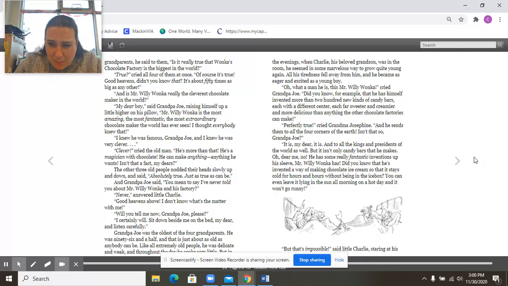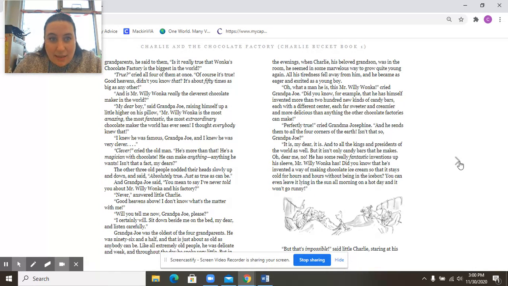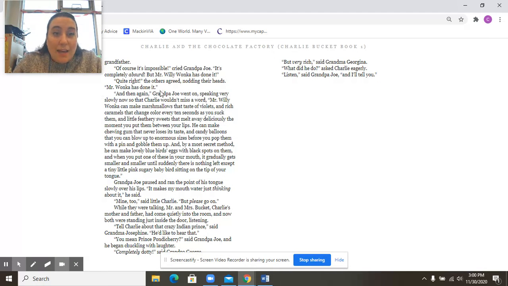"But that's impossible," said little Charlie, staring at his grandfather. "Of course it's impossible," said Grandpa Joe. "It's absolutely absurd, but Mr. Wonka has done it." "Quite right," the others agreed, nodding their heads. "Mr. Wonka has done it."